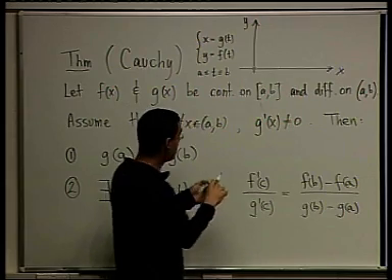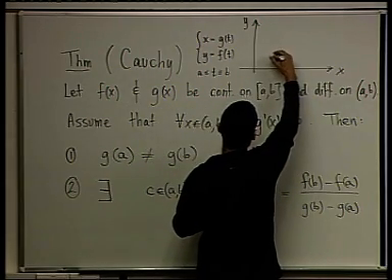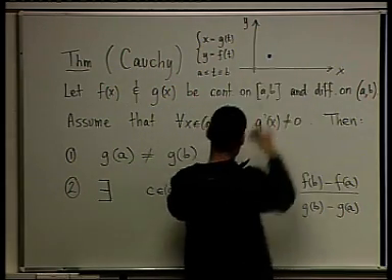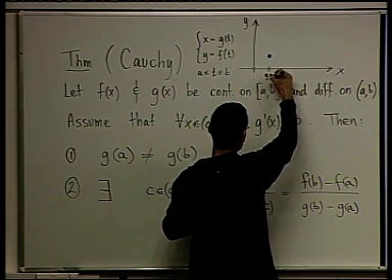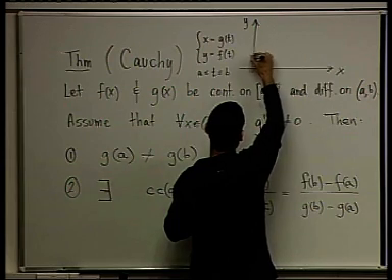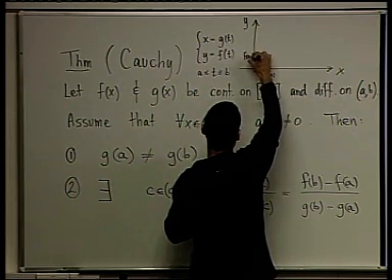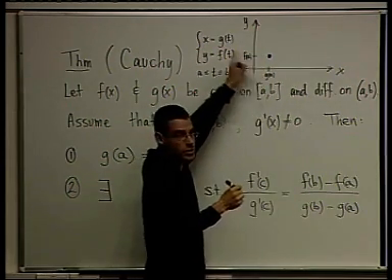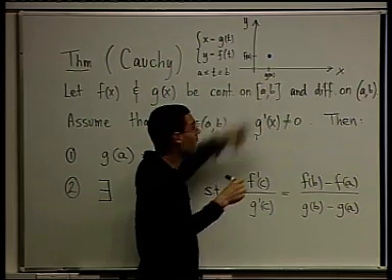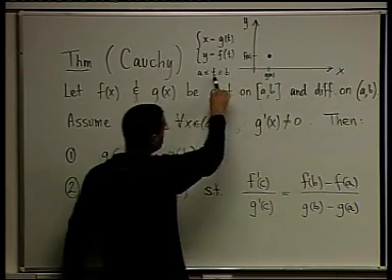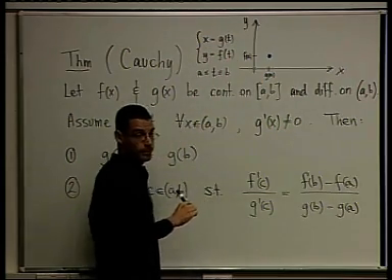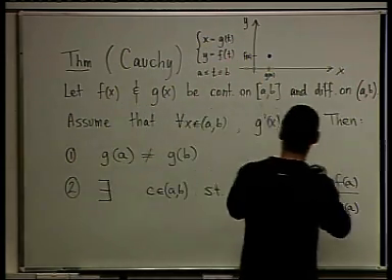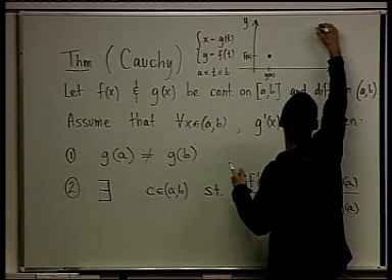So I'm going to get the point here, x y, which is the point g of a, f of a. This is a bit small. Can you see this, or is it too small? So this point is for t equals a. The x is g of a, the y is f of a. And we're going to get another point for b.